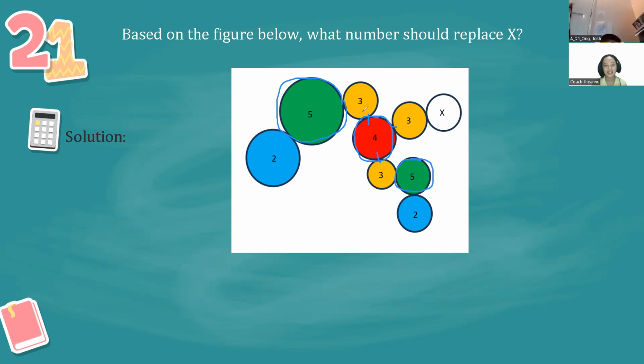Okay, so as you can see here, on the other side of the yellow ball, there is a green one, green one, and a green one.